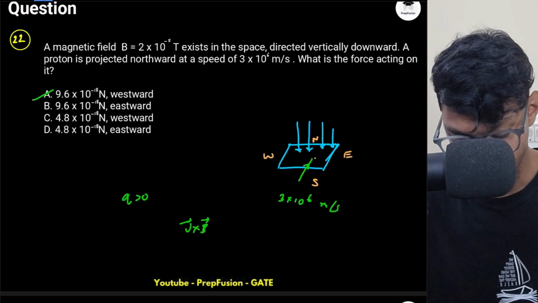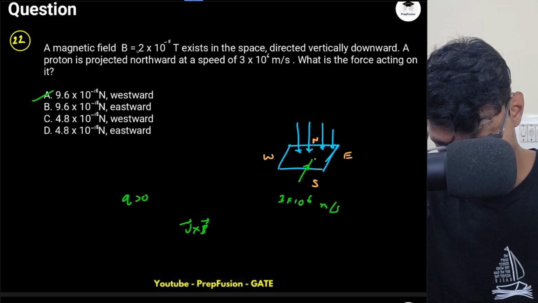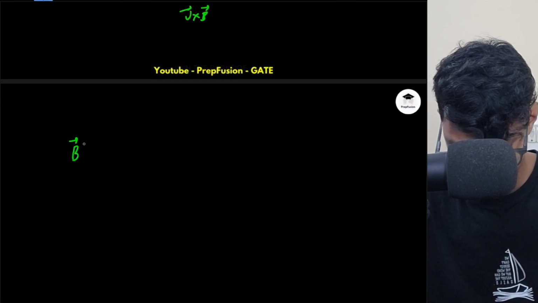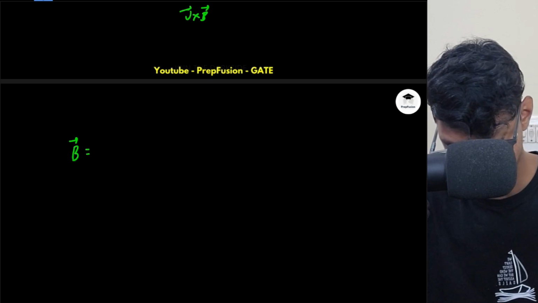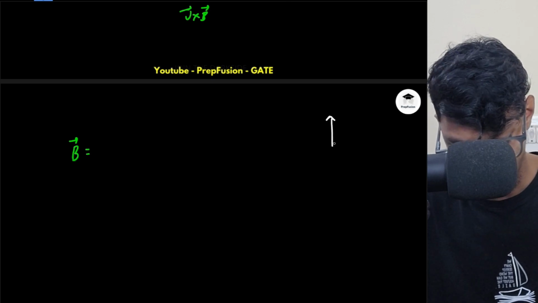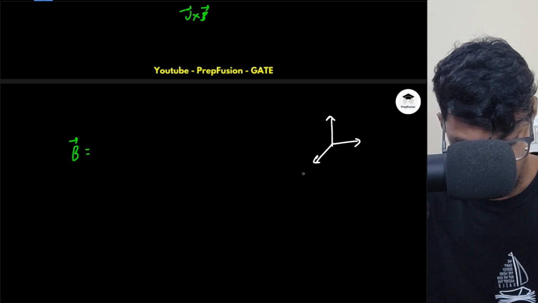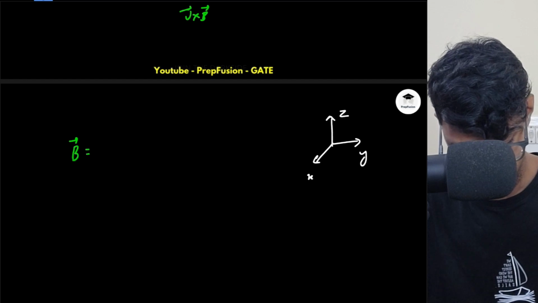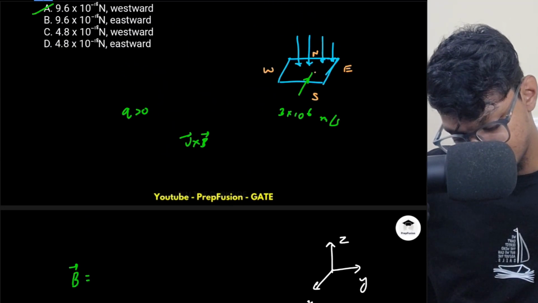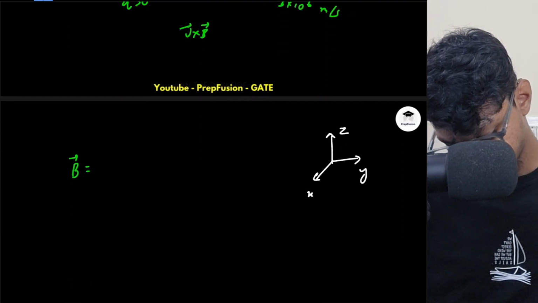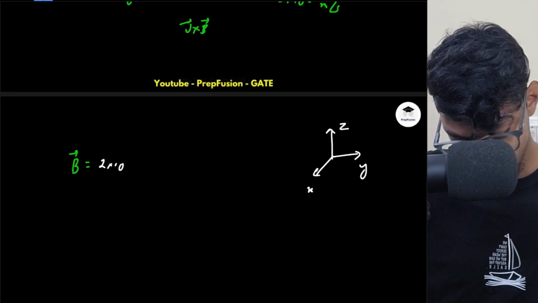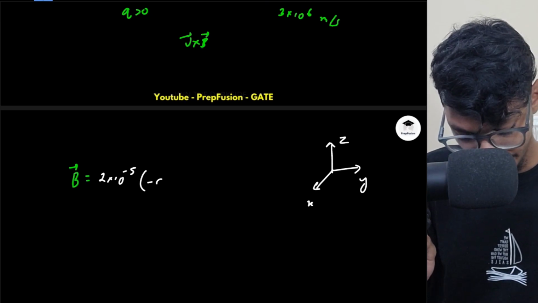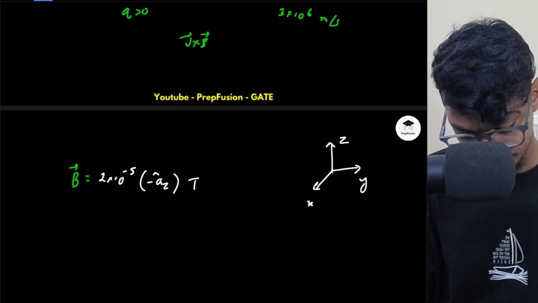So I will write down everything vectorially. B is downwards. Let me write the coordinate system. If B is downwards, that means B has 2 into 10 raised to power minus 5 in the minus AZ cap direction, Tesla.